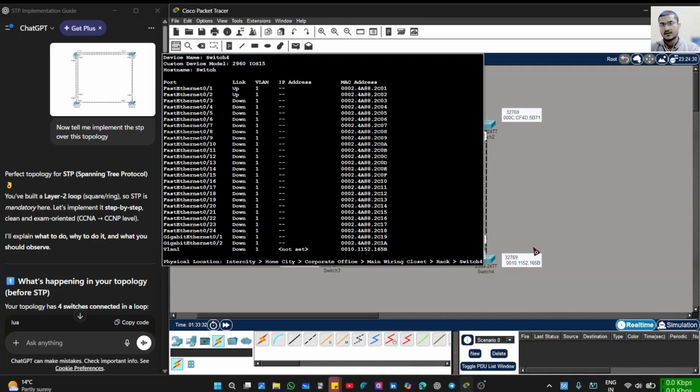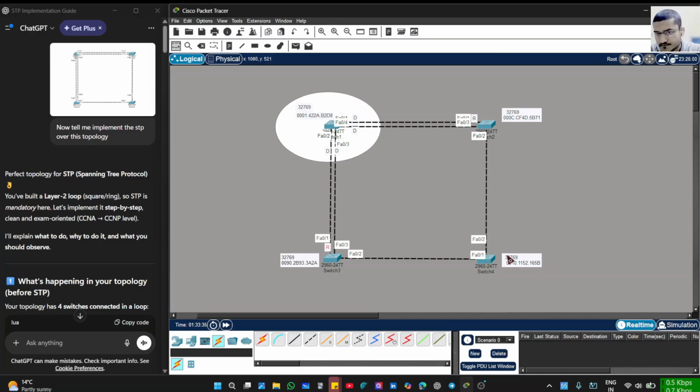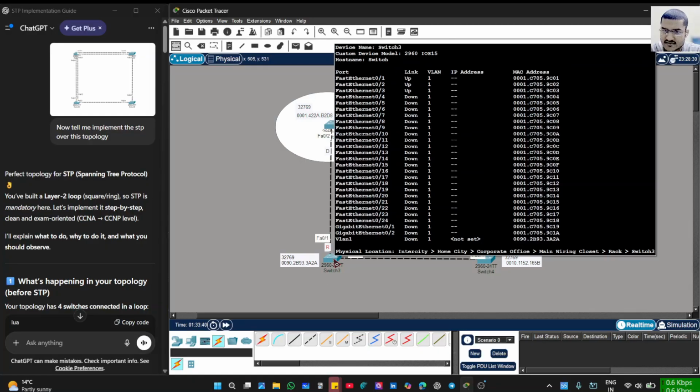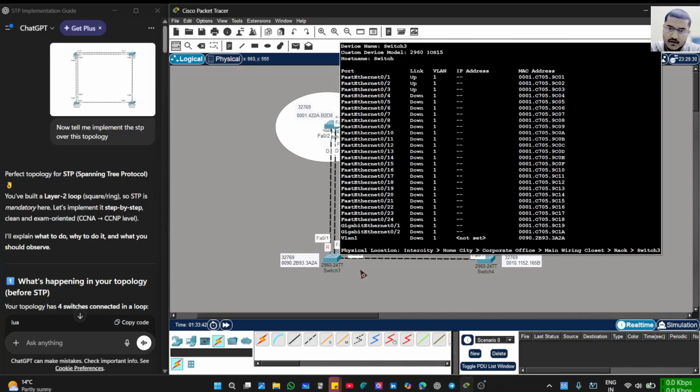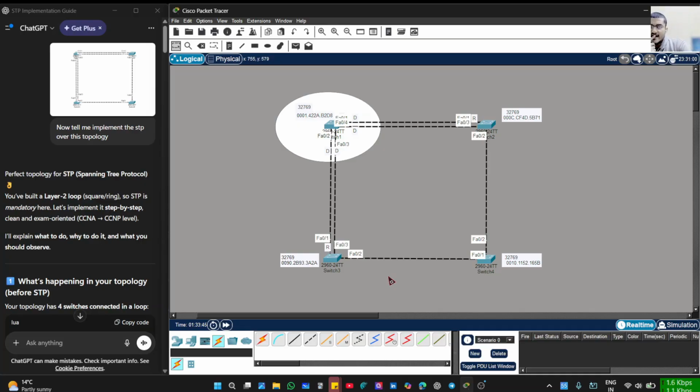So if the cost is the same, what we can do next is look at the device next to it. Okay, so MAC address would be a good idea in this situation. This is the situation for switch 4, it is in between the two switches and the costs are the same.